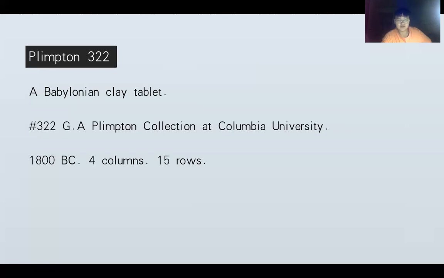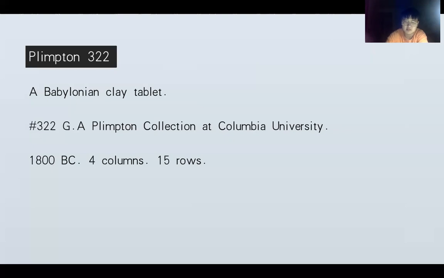And after some research, like comparing it with other clay tablets found in that region, people were sure that this clay tablet must have been made in 1800 BC, which is 3,000 to 4,000 years from now.